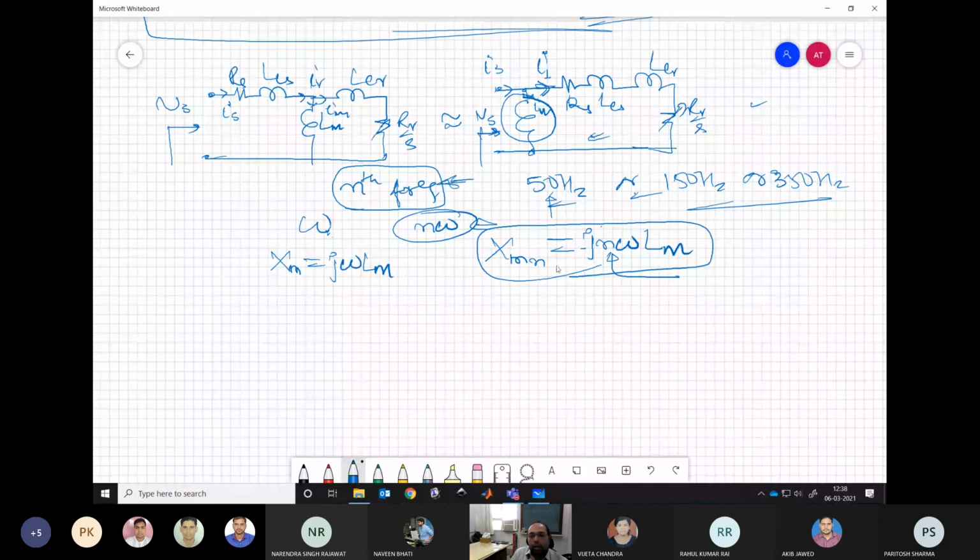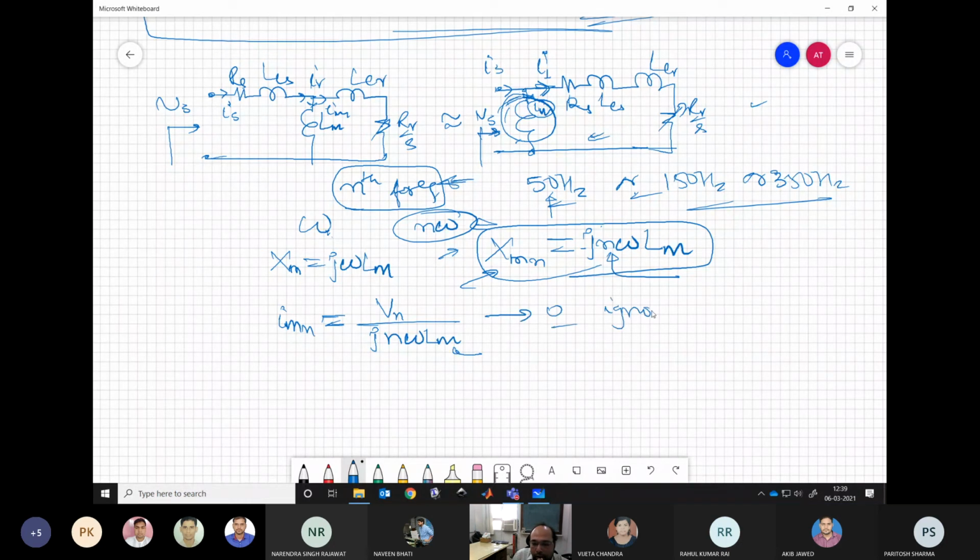So the magnetizing reactance will impose a lot of impedance for any harmonic order higher than the fundamental. In a way, the Im component corresponding to the harmonic frequency n can be written like this, and Lm being very high, this can be regarded as 0, or ignored.